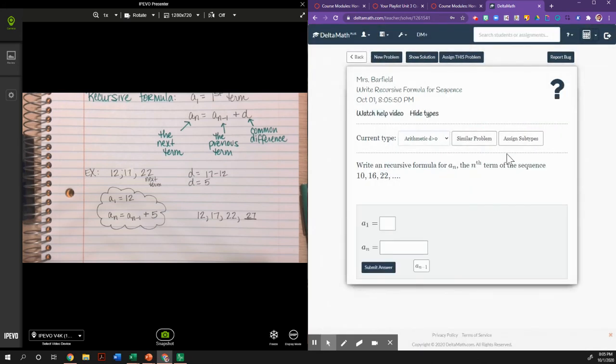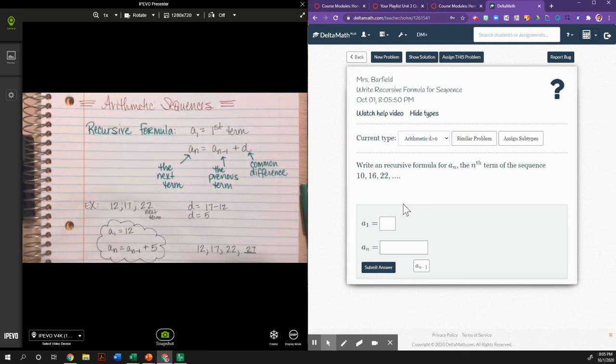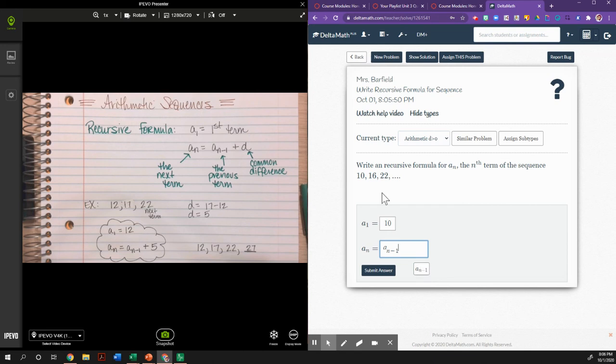All right, so let's look at a similar problem, because honestly, after this, I don't need to write anything down. That's how simple these are. It says write a recursive formula for a sub n, the nth term of the sequence 10, 16, 22. So the first term is 10. a sub n equals, it'll always be a sub n minus 1.